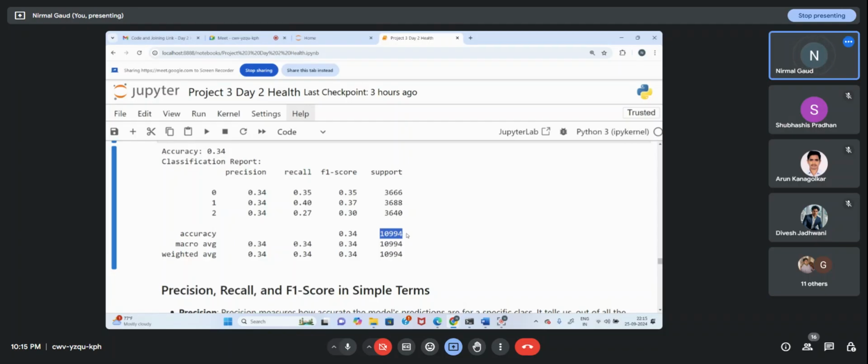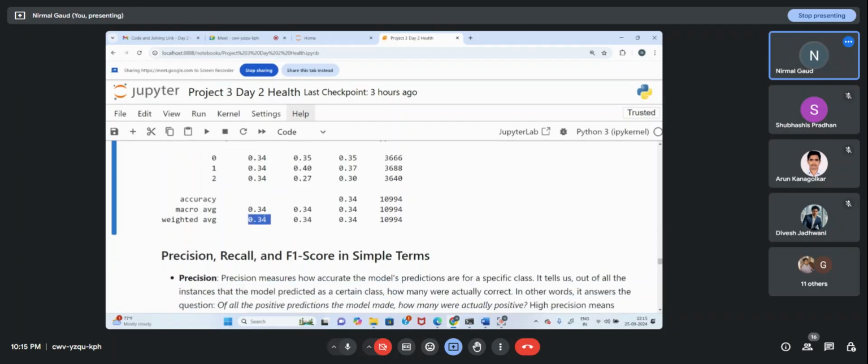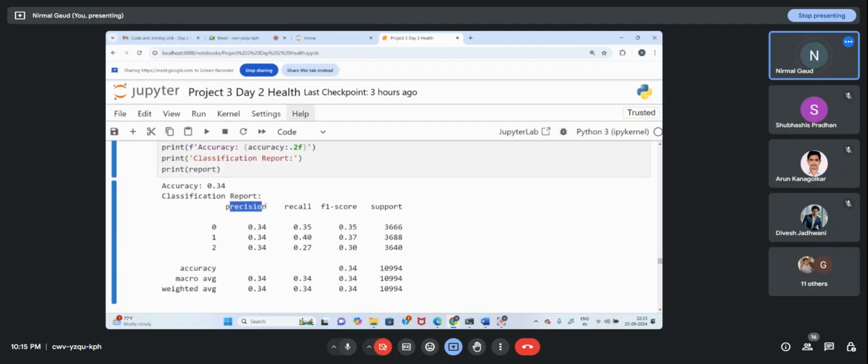All right. तो अभी आपसे बोला गया है कि वेटेड एवरेज यू हैव टू फाइंड. सो वेटेड एवरेज में 0.34 multiplied by this support, 0.34 multiplied by this thing, divided by this plus this, that is like 10,000. That will be the value of weighted average for the precision.